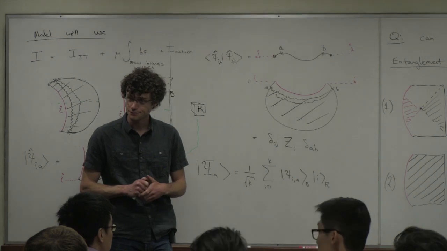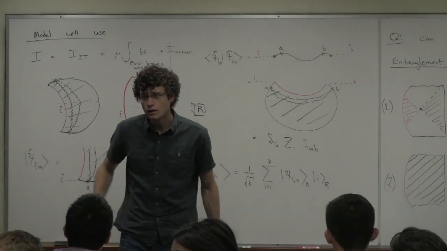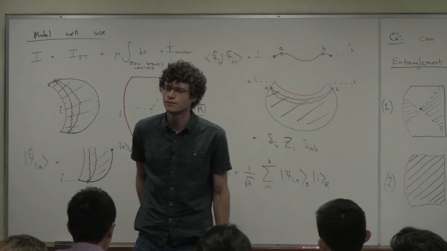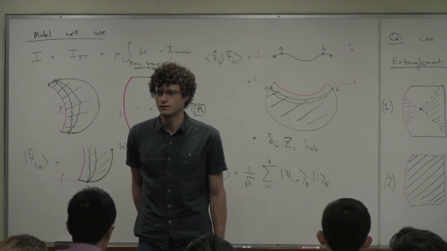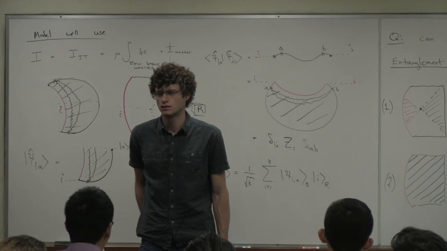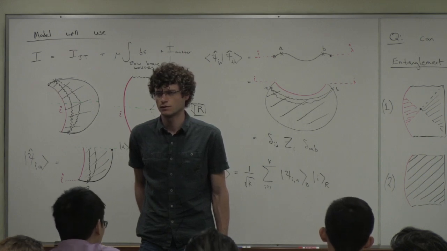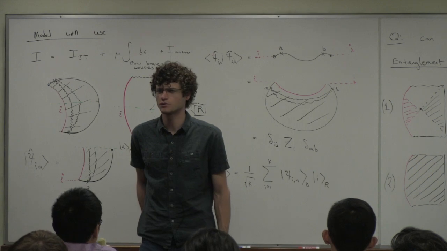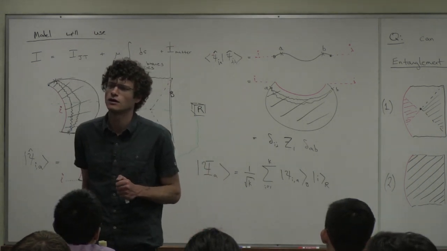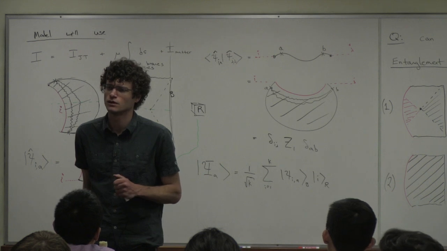Yeah? So in AdS3, we knew we had a whole holographic description of the boundary degrees of freedom. So what do we know about that for this model? You mean like for R? Or sorry, for AdS2 and with the end of the world brane, to what extent do we know that there is a holographic dual?